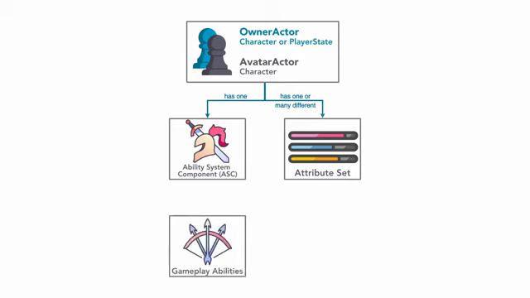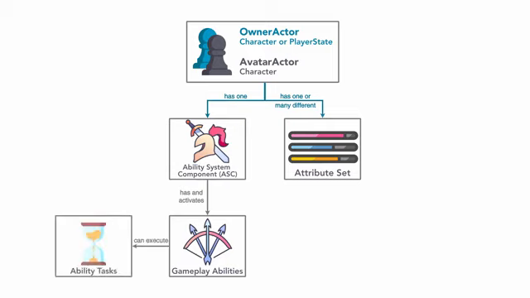A gameplay ability can be anything an actor can do, for example sprinting, sneaking, picking up items or special skills like shooting arrows. They can be activated by the ASC once they have been granted. Gameplay abilities can execute ability tasks that enable them to run actions in parallel and across multiple frames, such as performing an animation while targeting an enemy.